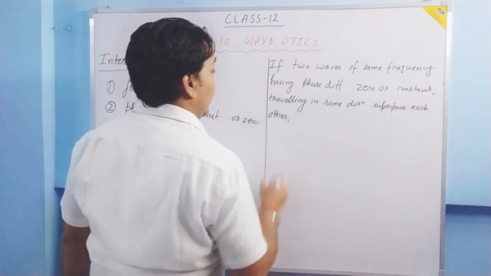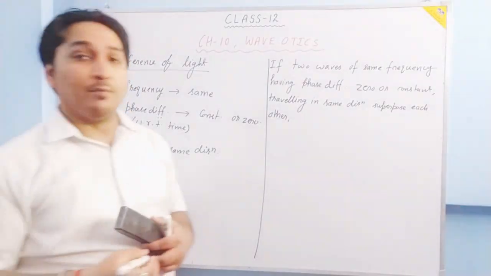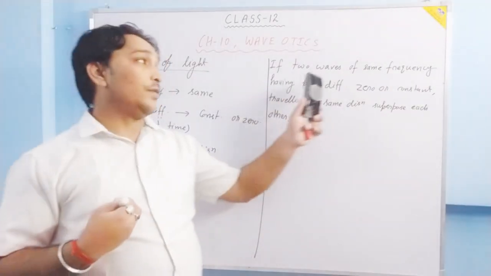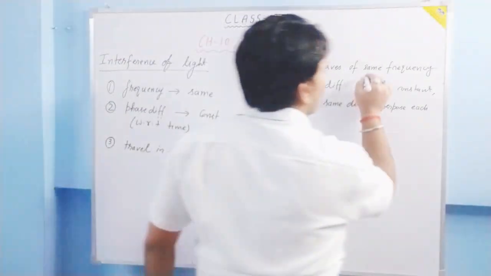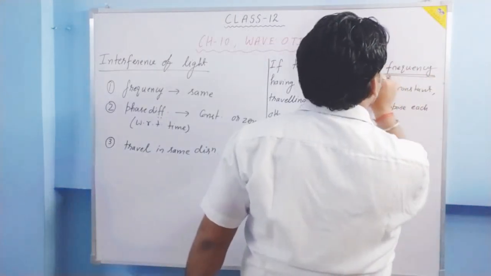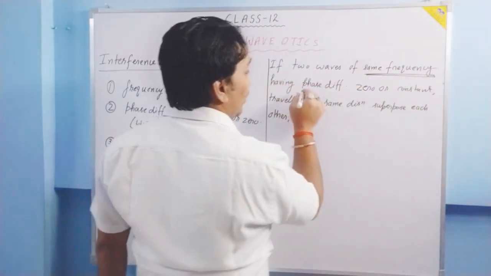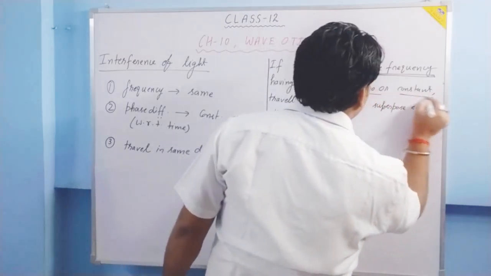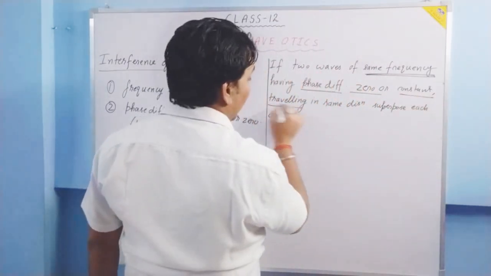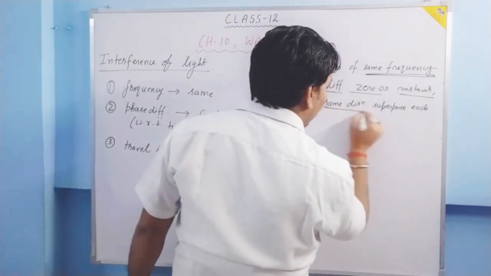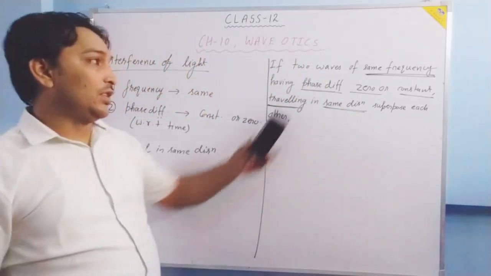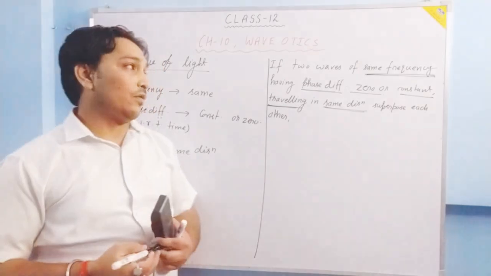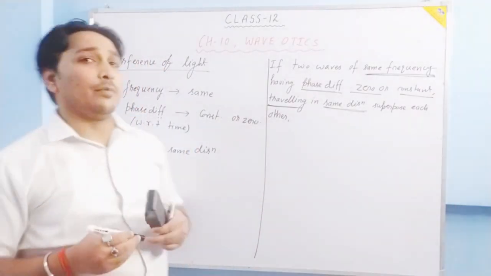In this very line, the whole of the conditions have been told. Is it clear? These are the conditions. If these conditions are not followed, interference will not be happening.